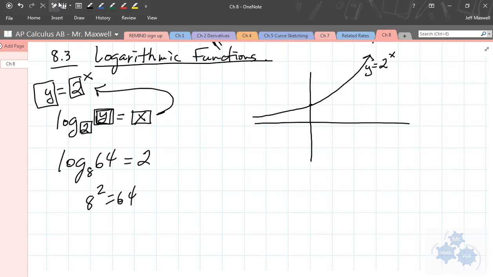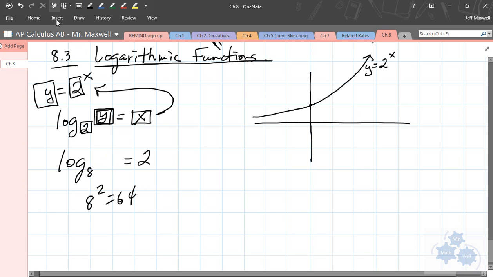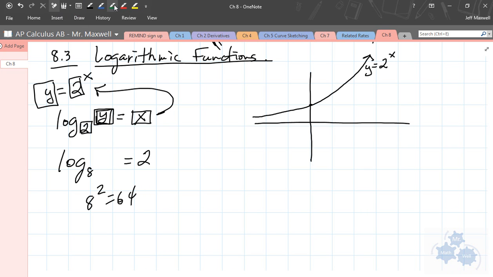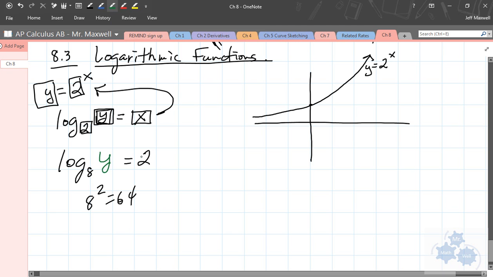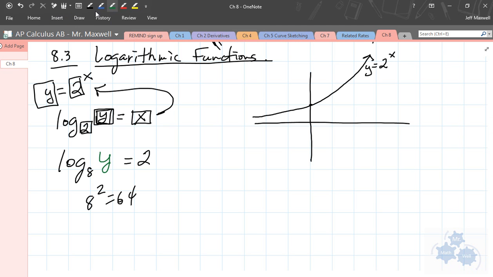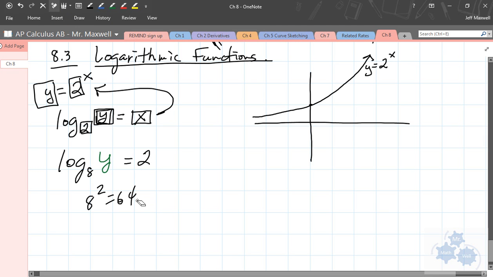So what if I didn't know this, or what if this was the variable, and that is now y? Well, what did I just erase? I just erased the 64. So do you see, this is how you solve for y here? If you have a log function, you solve for y by rewriting it as an exponential function.